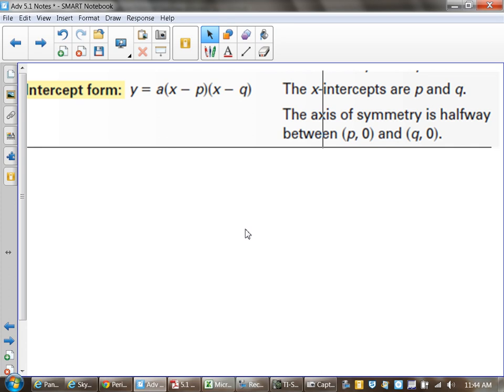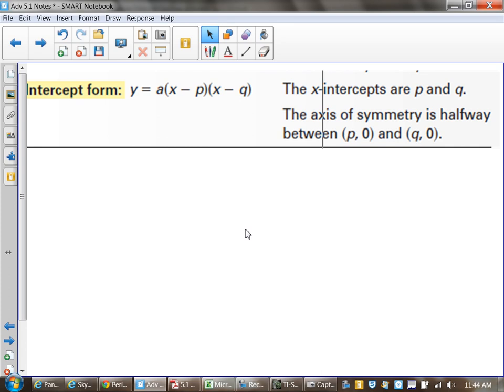From there, what were my zeros? -4 and 3. So where did this cross the x-axis? At -4 and +3. When you were factoring in algebra and solving for your zeros, you were working toward intercept form.